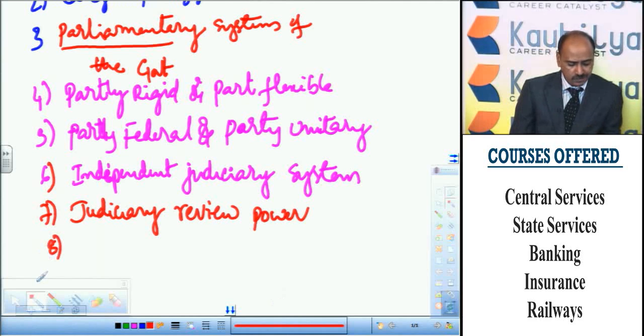Next one is conversion of federal to unitary system during emergency period. In our country, we can impose President's rule whenever any state violates rules and regulations.